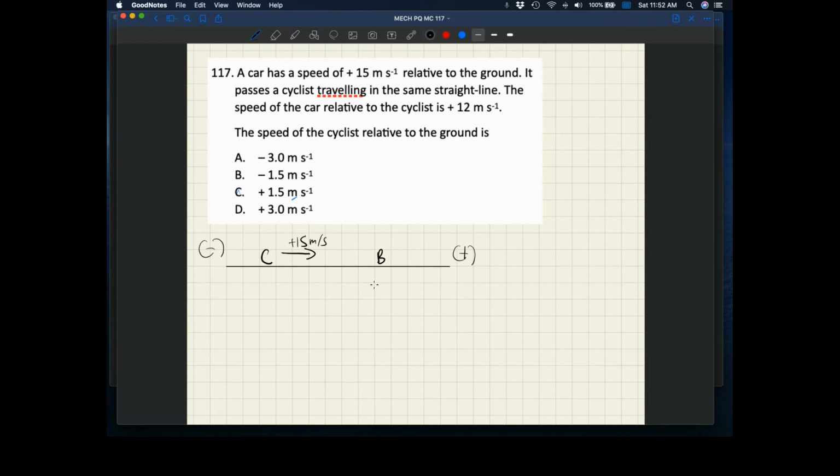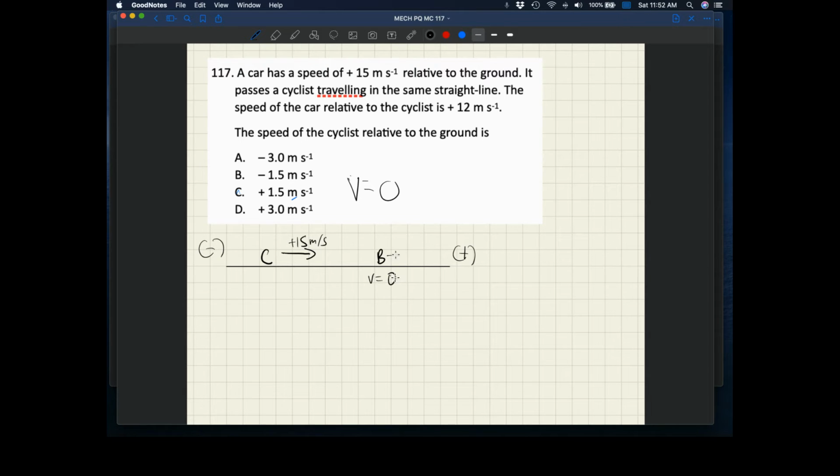Now, it's easy to get caught up with considering these cases. Let's consider the simplest case, the choice they didn't give us, which is the velocity of the cyclist is 0. So if the bicyclist is 0, the bicyclist is going to think that the speed is 15 meters per second.